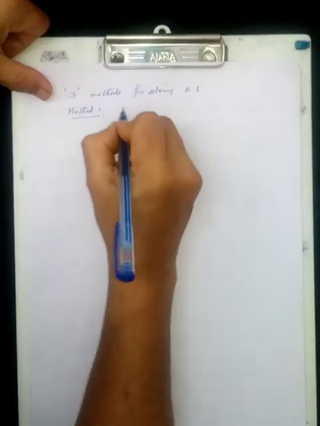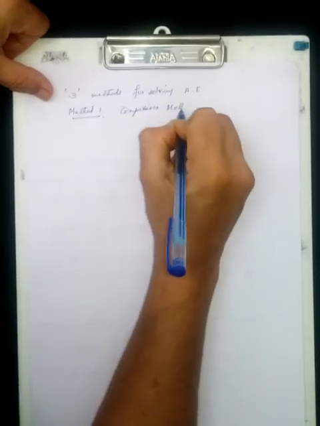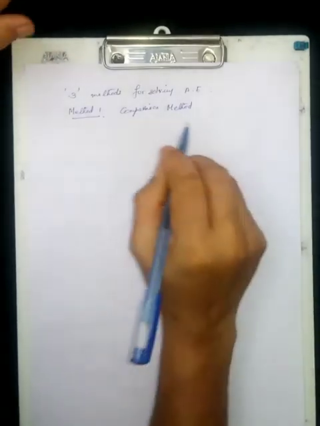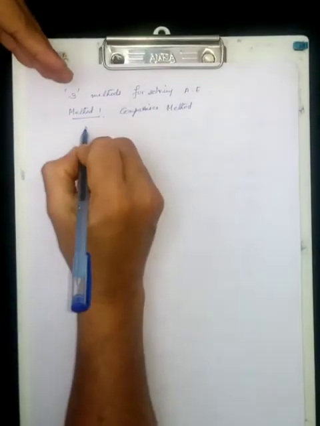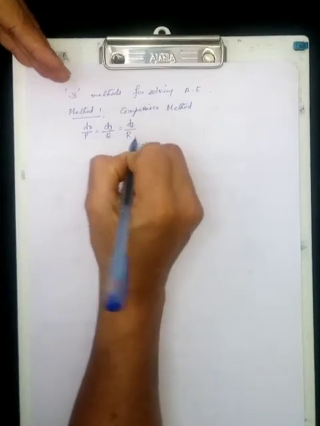This method is known as the comparison method. Here what we do? We consider the auxiliary equation corresponding to the given partial differential equation, the Lagrange's equation. There we write the auxiliary equation, say dx/P = dy/Q = dz/R.